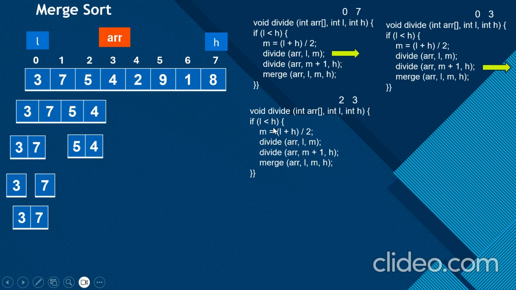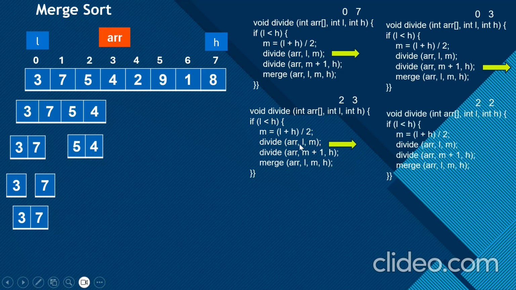Now the control would go to this if block if L is less than H is true at this point of time. So we would be calculating what? M. So M would be calculated as 2 plus 3 divided by 2, which is 5 by 2, which is 2. Right? So the function call would now be made to divide again with the arguments of 2 and 2. Why? Because low is 2 and M we calculated as 2, so 2 comma 2.